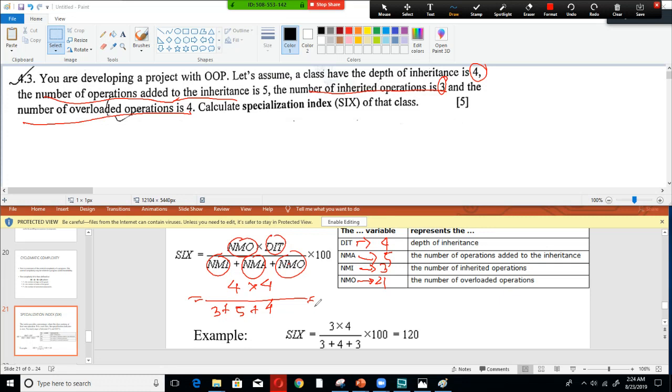So the answer is 1.33, or 133 into 100. The formula also has this 100 and I missed that, so the answer is 133. So this is the specialization index.